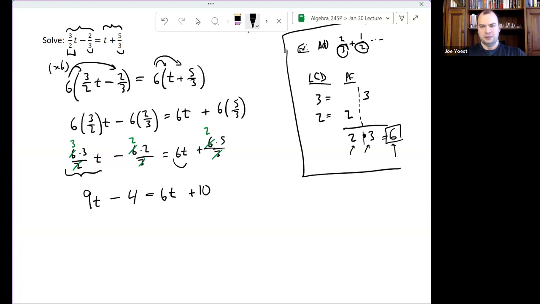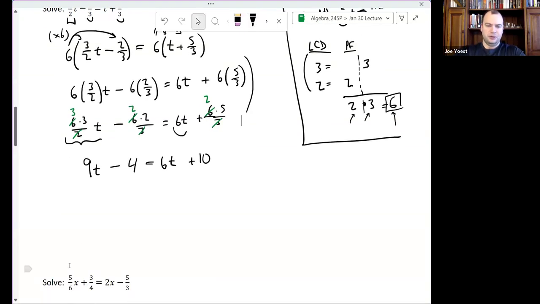And when I get more comfortable with, say, finding LCDs or with multiplying fractions, I can combine some of these steps and do these a little bit more quickly and efficiently. Certainly, we took it pretty easy here. We wrote things out in a few additional steps, so you might not need to. If you don't need to write out that many steps, that's perfectly fine. But if you feel more comfortable writing out more steps, that's a perfectly good strategy as well.